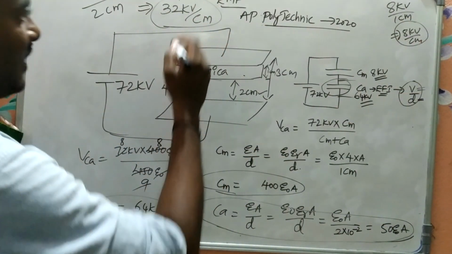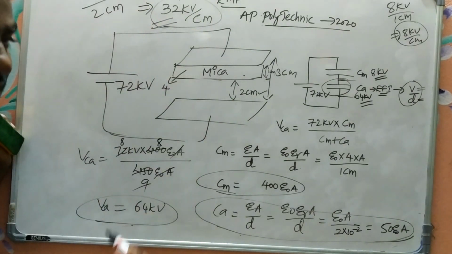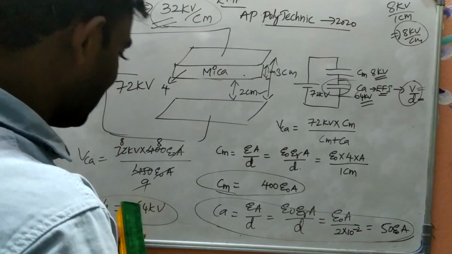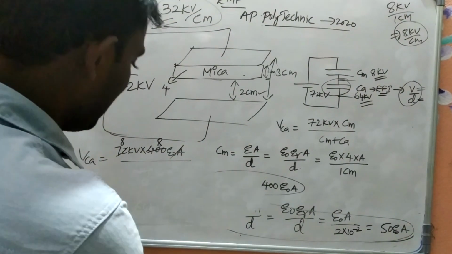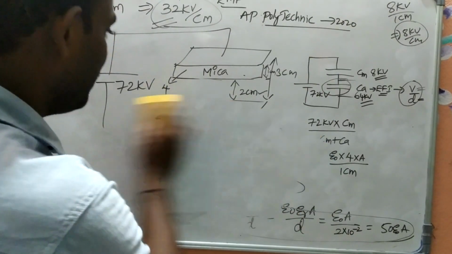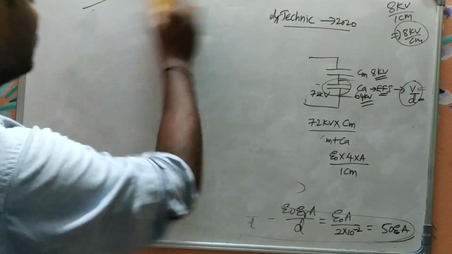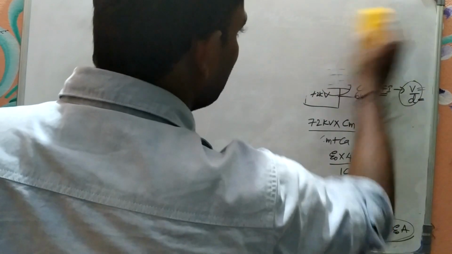So this is the answer for the question. In this way, you can find the electric field intensity of an air medium in a parallel plate capacitor. So the answer for this question is 32 kilovolt per centimeter.